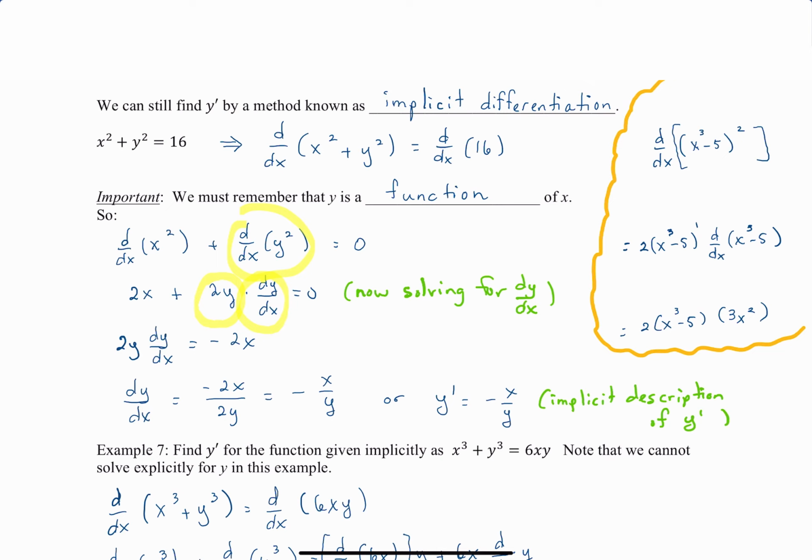And the chain rule says, but if that thing in the parentheses was not a plain old x, you then have to multiply by the derivative of that inside thing. You have to multiply by the derivative of x cubed minus 5, and you get 3x squared for that in the end.